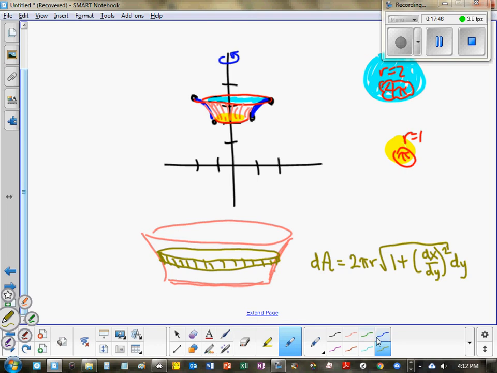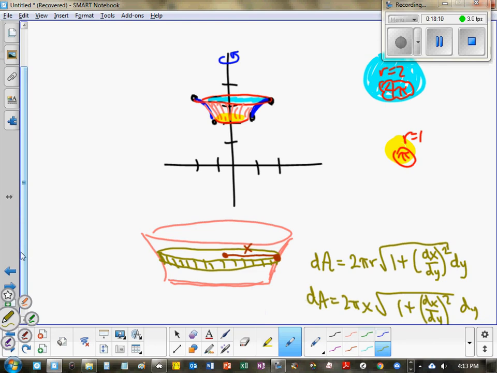And the radius is convenient because it's just the length here, which you could call x if you wanted to. Nothing wrong with that. If you want to go dA equals 2 pi x square root of 1 plus (dx/dy) squared dy. So you kind of have two options here.